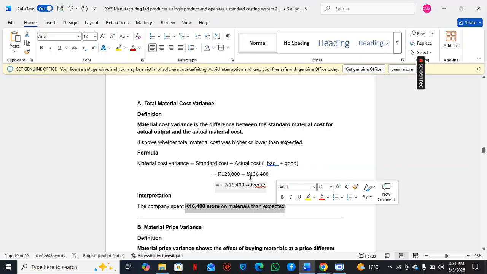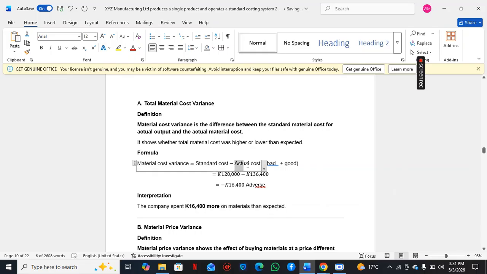Now, if you use the formula actual cost minus standard cost, you get a positive value.